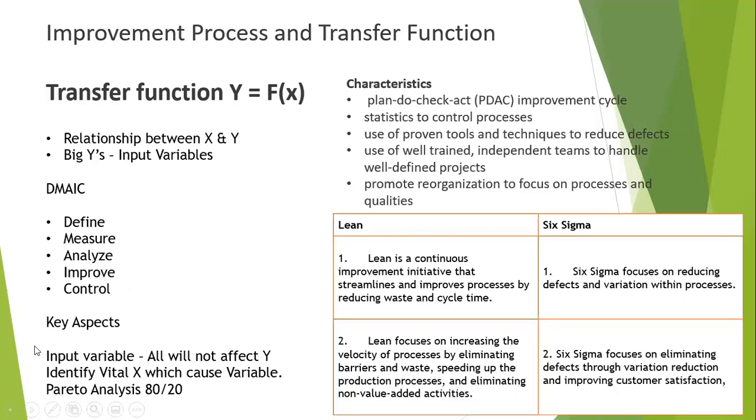Okay, so the key aspect is that not all input variables will affect y. This is a main character. See, for example, in your process we'll take one process. Okay, you are going to produce one nut and bolt. So that's a manufacturing site you have. For that you are getting 3 or 4 materials to produce that. Okay, so you are going to manufacture a toy. That's your factory. To make a toy, you are getting around 2 or 3 suppliers giving you the input.